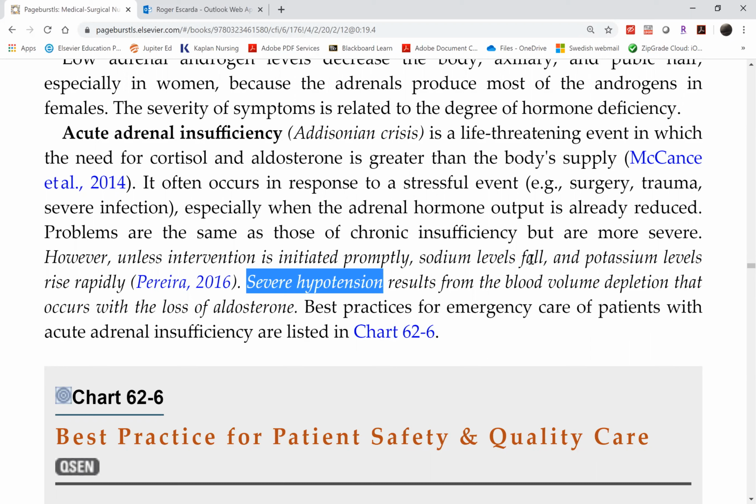So therefore, if you lack cortisol, what happens to your sugar levels? With very low cortisol levels, it will drop. So hypoglycemia, is that an emergency? Yes.